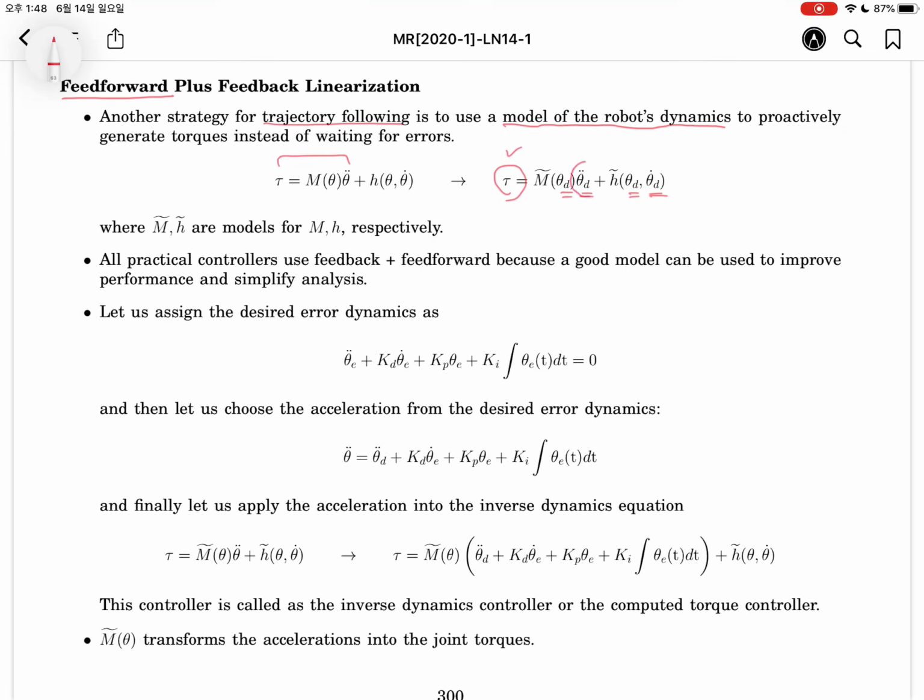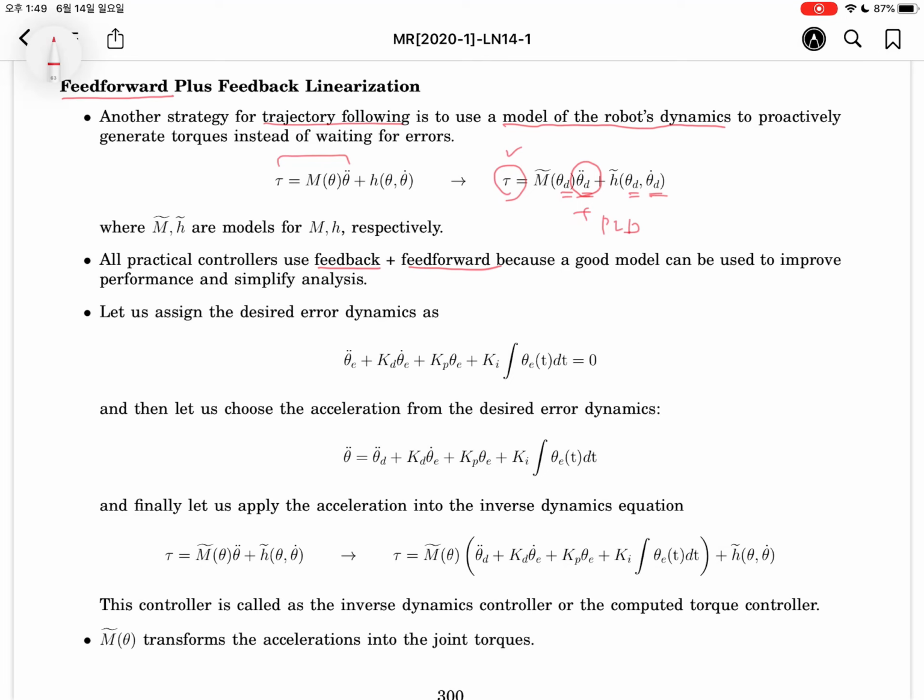So this term, okay, we will add the PID to here. Okay, PID. All practical controllers use feedback, or feedback plus feed-forward, because a good model can be used to improve performance and it can simplify the analysis.